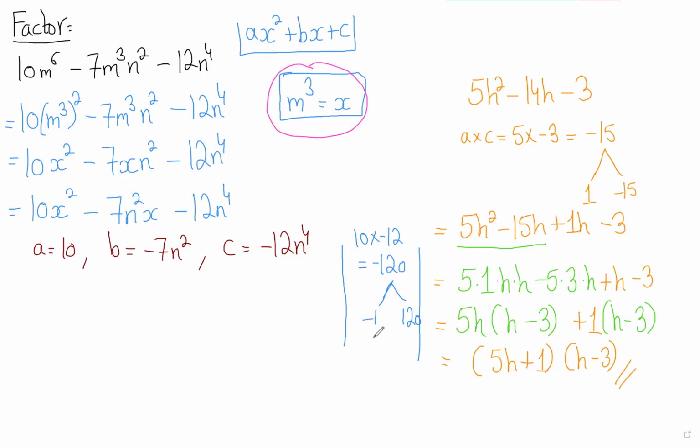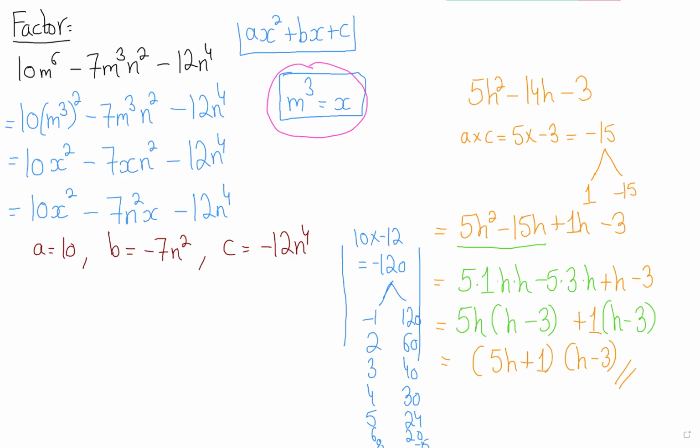And then we have 2 and 60, then 3 and 40, then 4 and 30, and then, of course, we have 5 and 24, and then 6 and 20, and then we have 8 and negative 15.